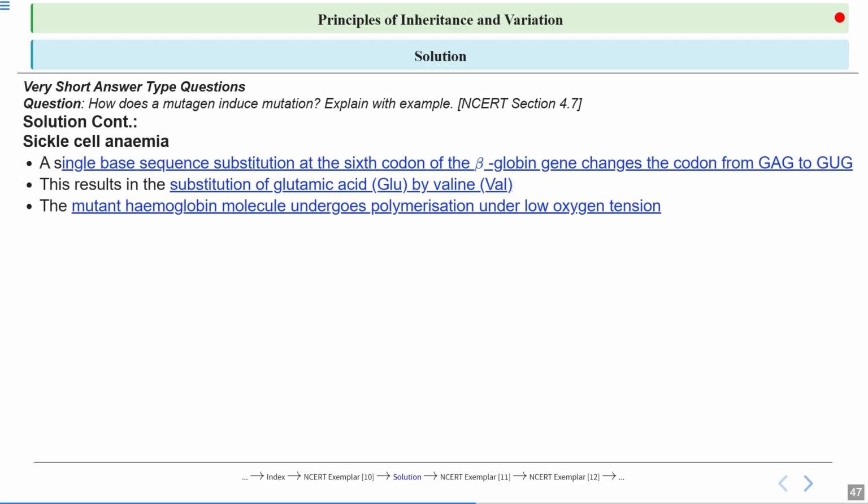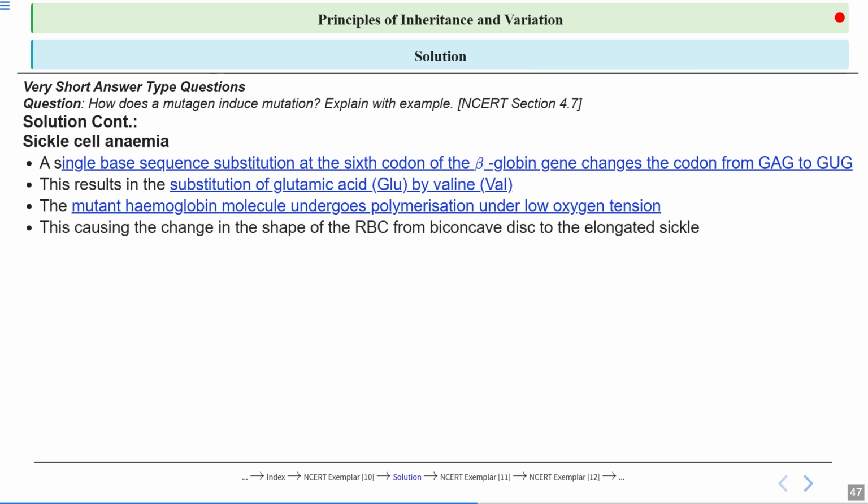So you can see GAG changes to GUG. GAG codes for glutamic acid, GUG codes for valine. So this amino acid substitution occurs at the 6th position of the beta globin chain. Due to this, what happens? When the glutamic acid is replaced by valine, hemoglobin polymerization takes place and the RBCs become sickle shaped. Usually the RBCs are biconcave in shape, but they become sickle shaped.